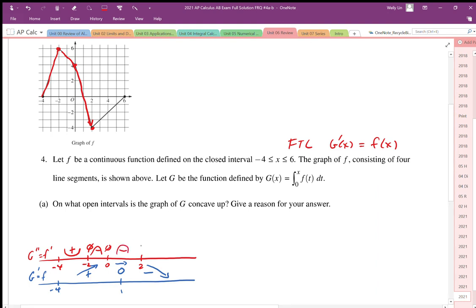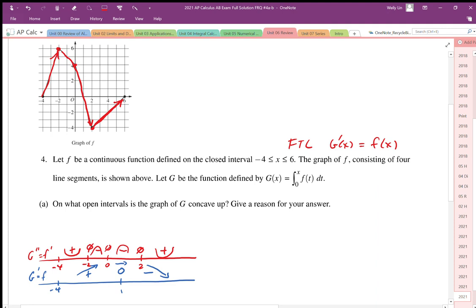Then an undefined slope at 2, and from 2 to 6, it is now sloping up. And so we know that the slope of the slope graph is positive, so that's concave up.